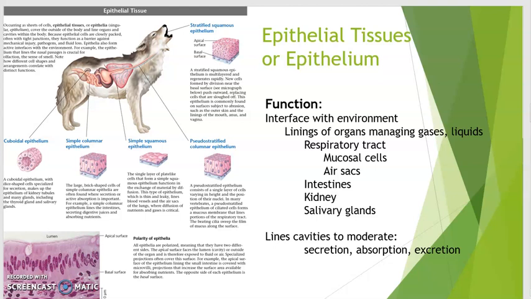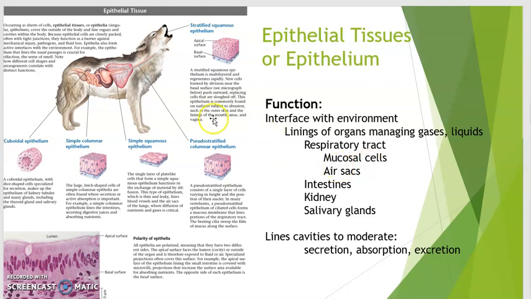But there's a lot of epithelial tissue that is involved with the respiratory tract, because we're not only managing gases in the respiratory tract, we're also managing water vapor and dehydration as well. So epithelial tissue is related to mucosal tissues and the lung tissues that we have. We'll go into that in just a second.